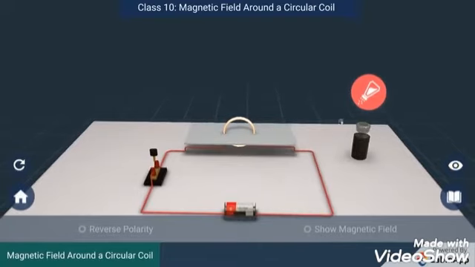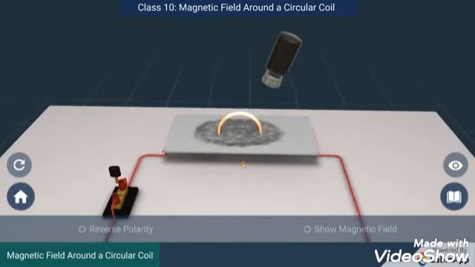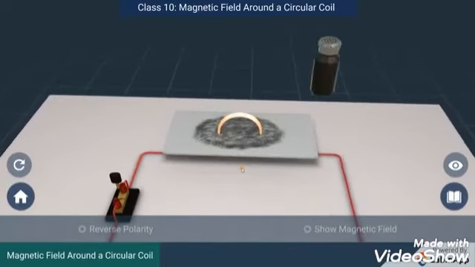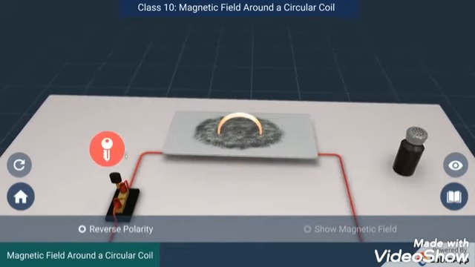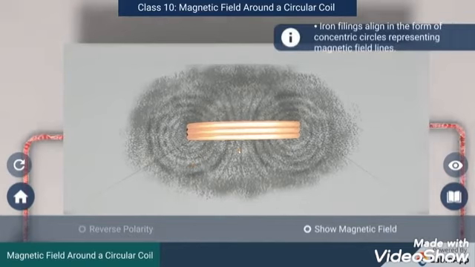Sprinkle some iron filings around the circular loop. Insert the key to close the circuit. The current starts to flow in the circuit through the circular loop.